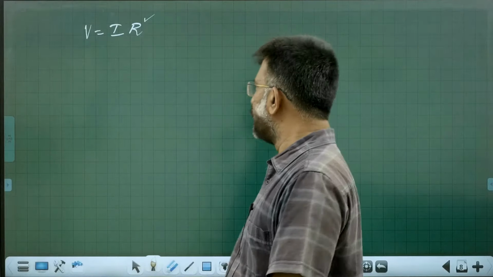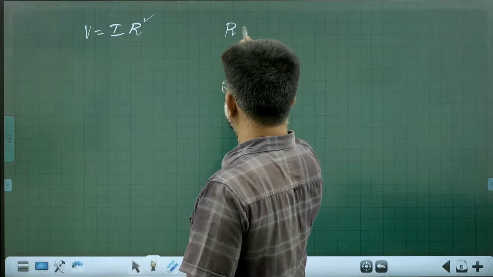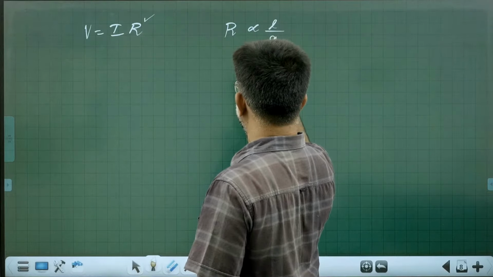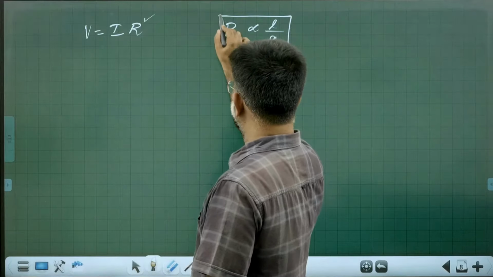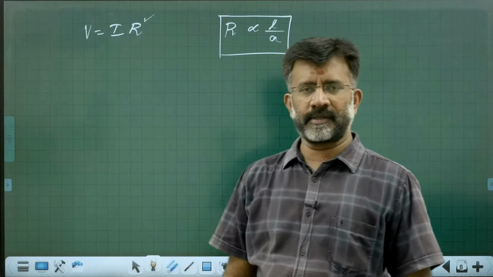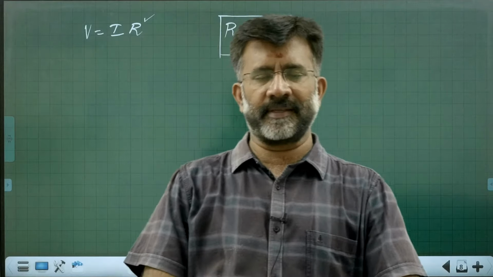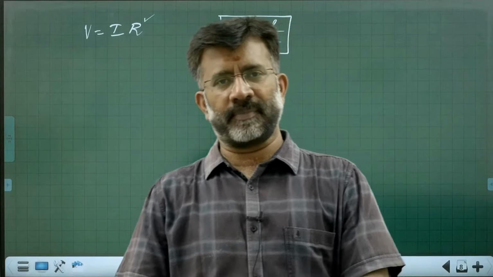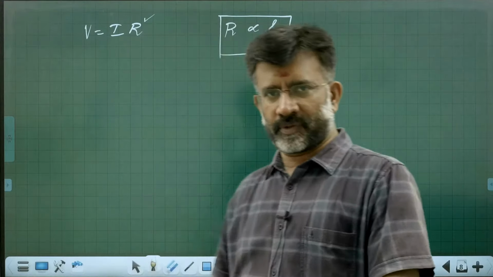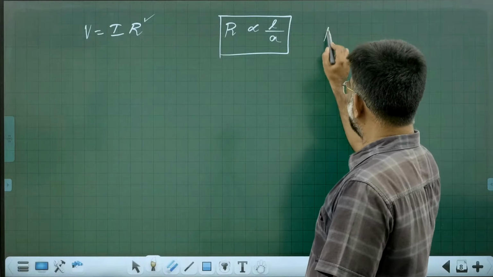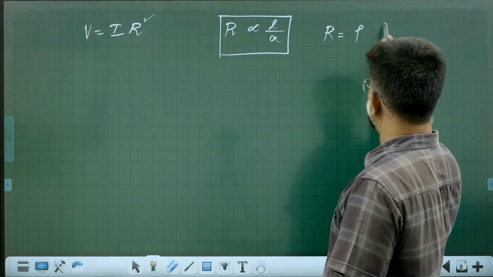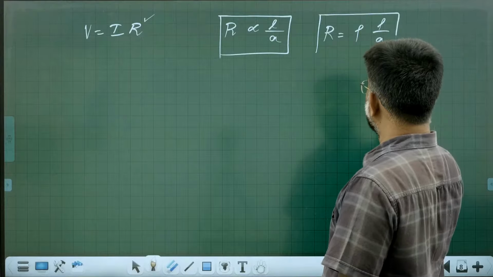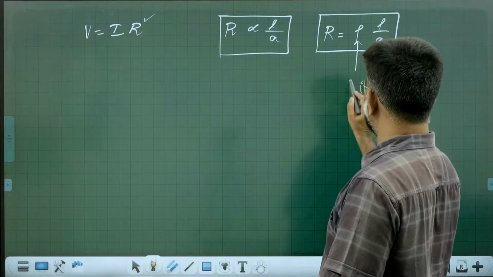Resistance offered by a conductor is directly proportional to the length of the conductor and inversely proportional to the area of cross section. R is equal to a constant rho into L by A, where rho is called the specific resistance.